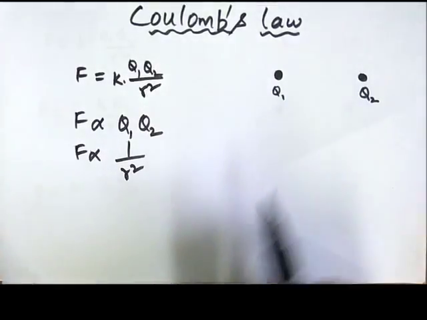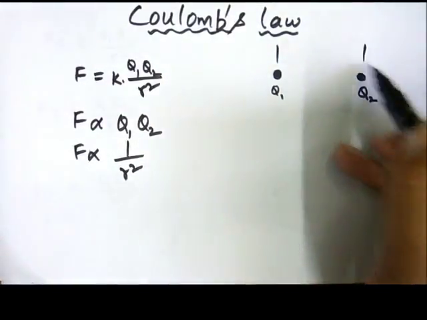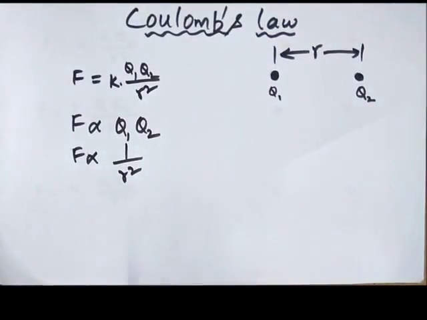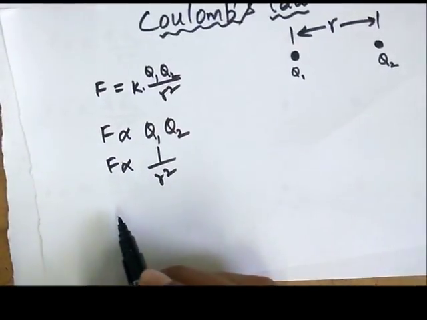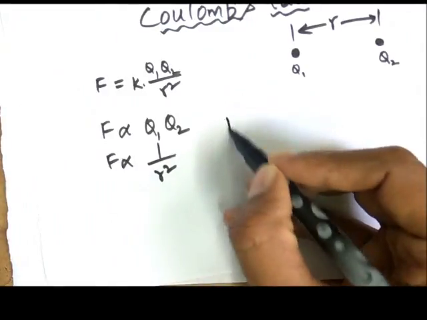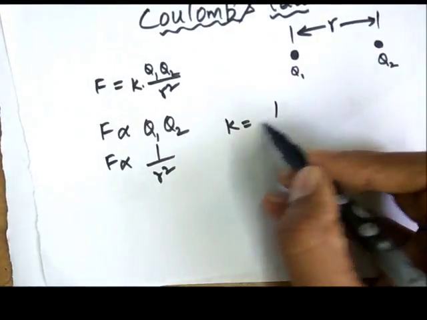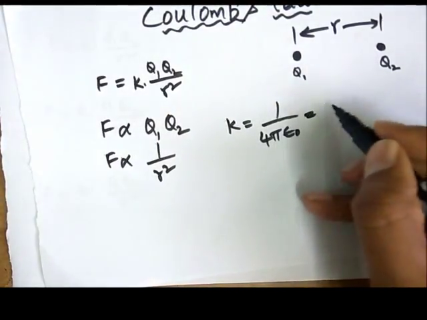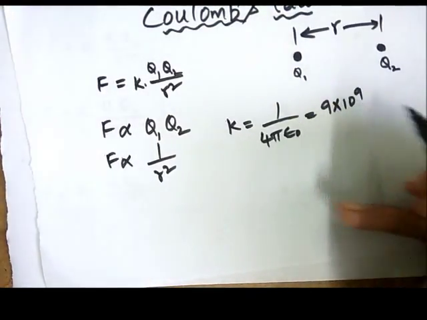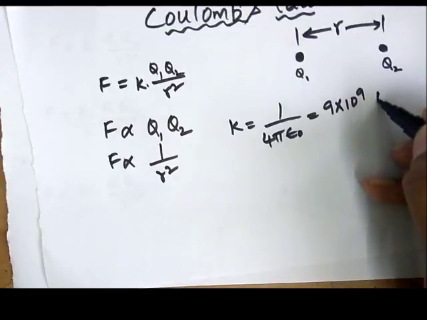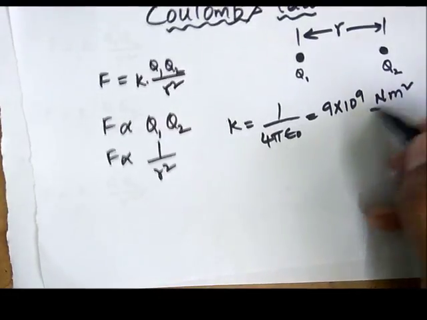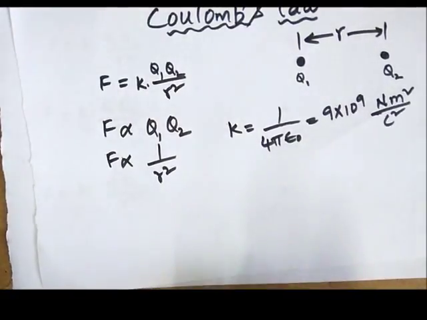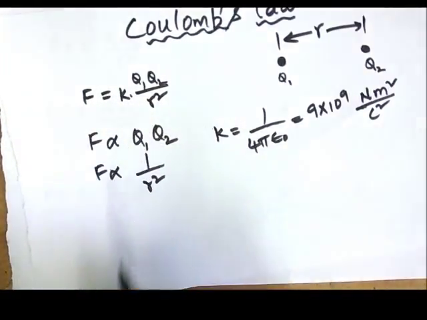For example, these two are the charges and the distance between them will be R, and the value of this constant K is given by K is equal to 1 by 4 pi epsilon naught, that will be equal to 9 into 10 to the power 9 Newton meter square per Coulomb square. So this is the value of the constant of this equation.